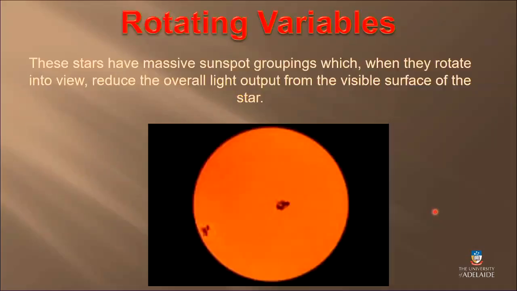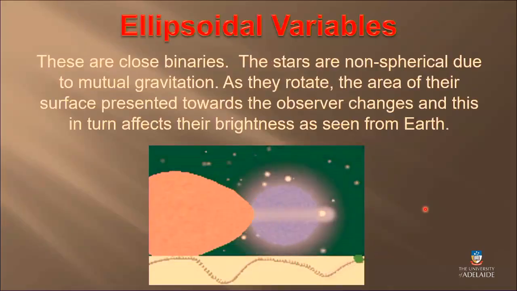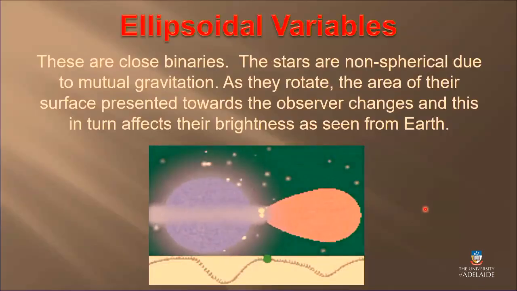Then we have rotating variables. So this is a bit like the T Tauri stars, where these have got stars with massive sunspot groupings. And as they rotate into view, the overall light output from the visible surface of the star appears to drop. And then we have ellipsoidal variables. So these are also close binaries.